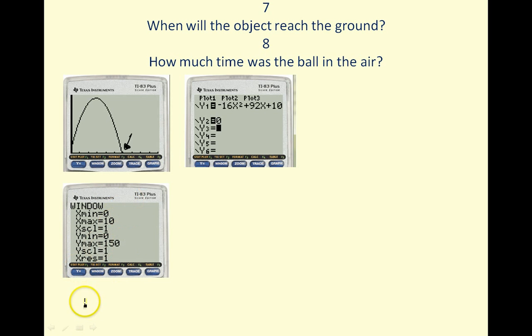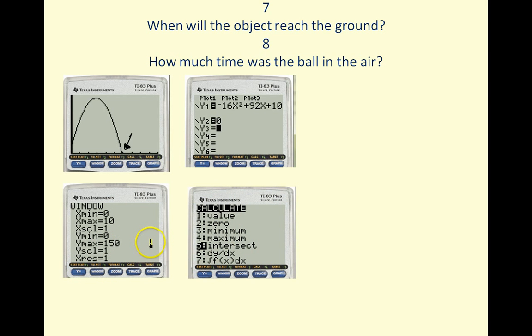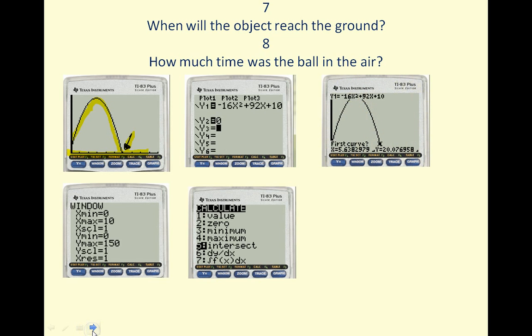So let's go forward. I use the second trace command again, but this time I find out where they intersect, because you have this y equals 0 line, and you have this quadratic function going on here, and we're looking for where they intersect, and that will be when it hits the ground, right there. All right, so I'm using the intersect command under second trace, and it gives you a first curve command.